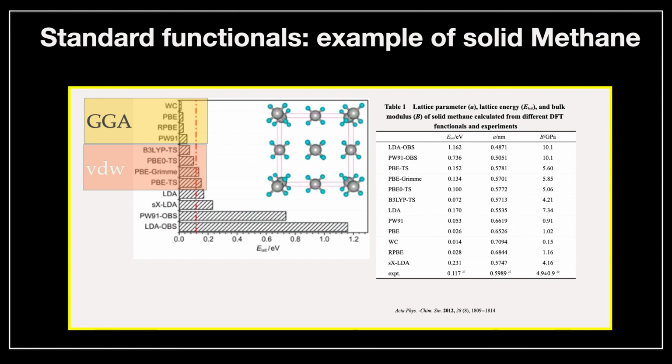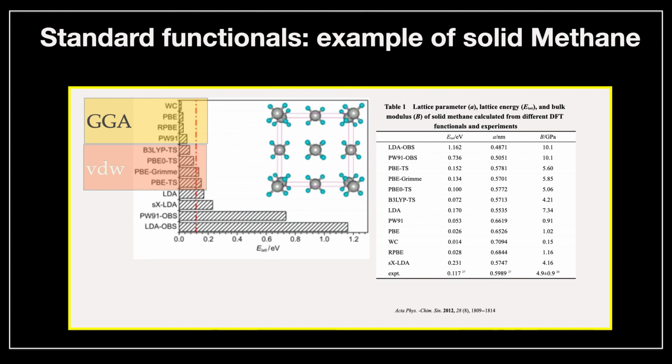When we have PBE or PBE0 or B3LYP, which are both hybrids, and we add van der Waals interaction of the type Tkatchenko-Scheffler or Grimme, we see that we are very close to experiment. That's what I wanted to show there.